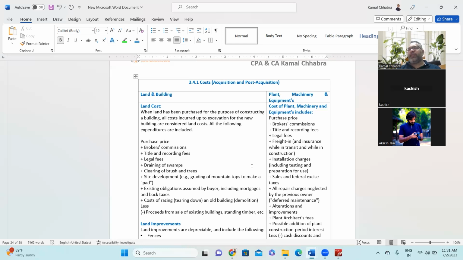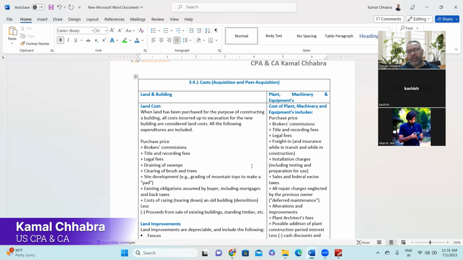For example, if you have purchased a piece of land on which you want to make a multi-story building like DLF or Cyber Hub, first you will be doing all the excavation. That means making the land usable for that particular project. So whatever expense you incur to make the land usable for the required project, that cost will go to the land cost.